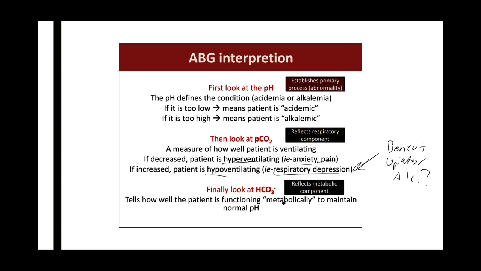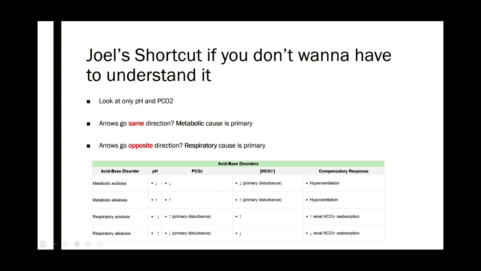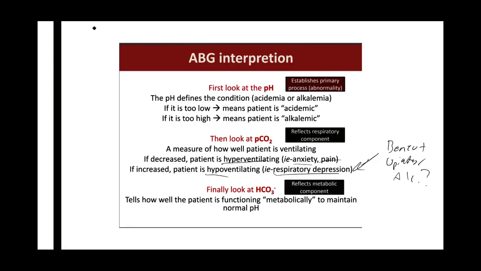Next, look at the bicarb concentration. And that tests how well the patient is functioning to maintain normal pH. So when you have a disturbance, you have a primary cause that leads to some form of compensation. And if you just remember this concept, you can kind of figure it out, because the primary cause is going to be like the complete opposite of the compensation.